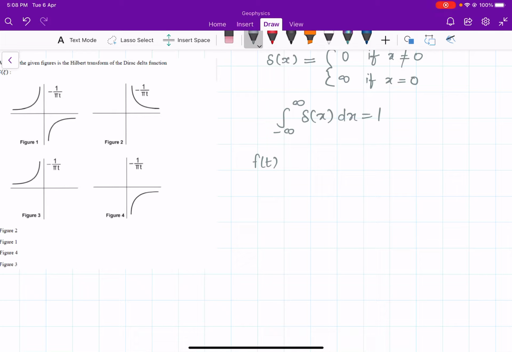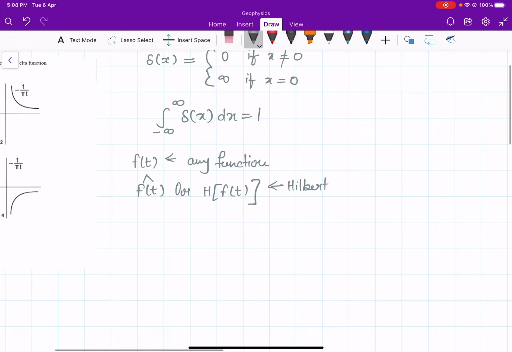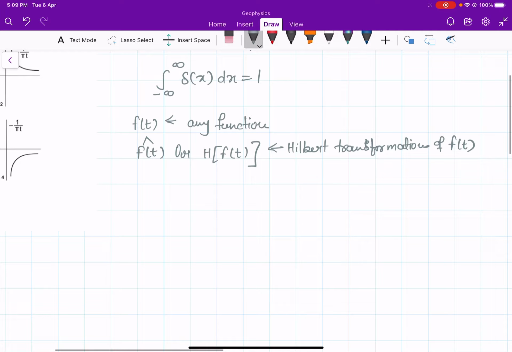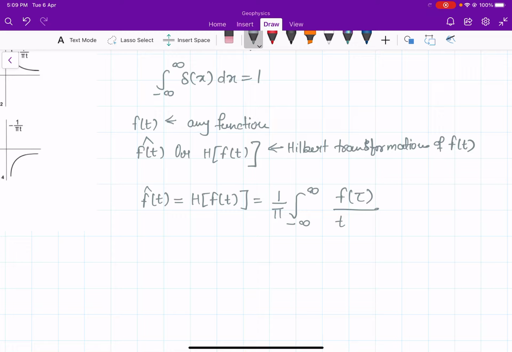The Hilbert transformation of f(t) is denoted by f cap, or H of f(t), and is defined as f cap equals H of f(t), which is equal to 1 over pi, integral from minus infinity to infinity, f of tau over t minus tau, d tau.